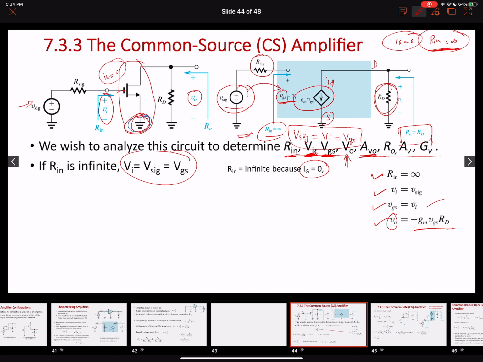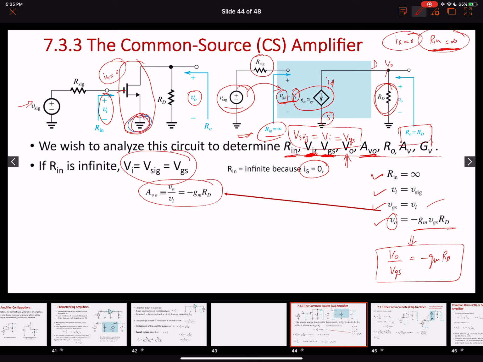We haven't connected a load here, so V naught is the voltage appearing over here, and Vi is what is appearing over here. So V naught over VGS equals minus gm into RD.